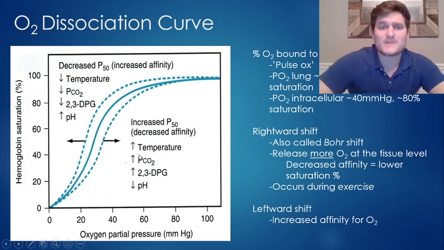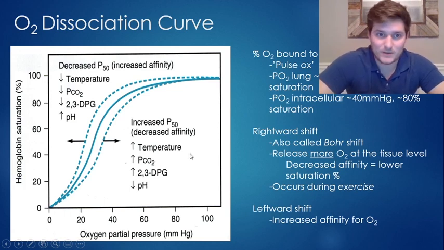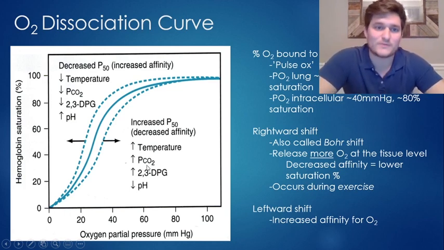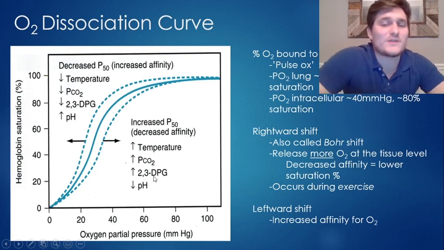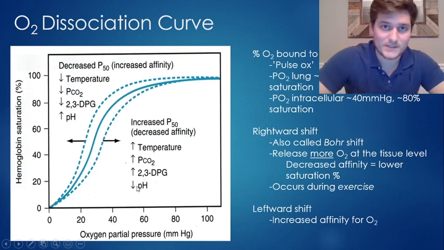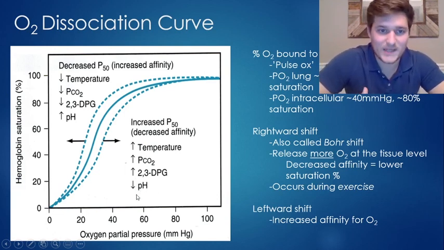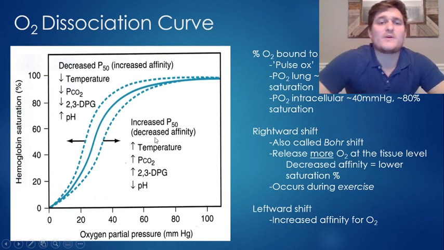And so if there is an increase in temperature, if there's an increase in CO2, if there's an increase in biphosphoglycerate, or if there is an increase of hydrogen ions within the blood, aka lower pH, that is going to decrease the affinity of oxygen to hemoglobin.